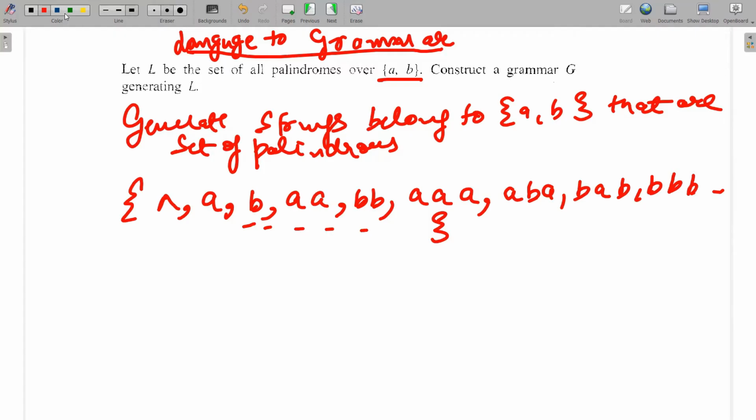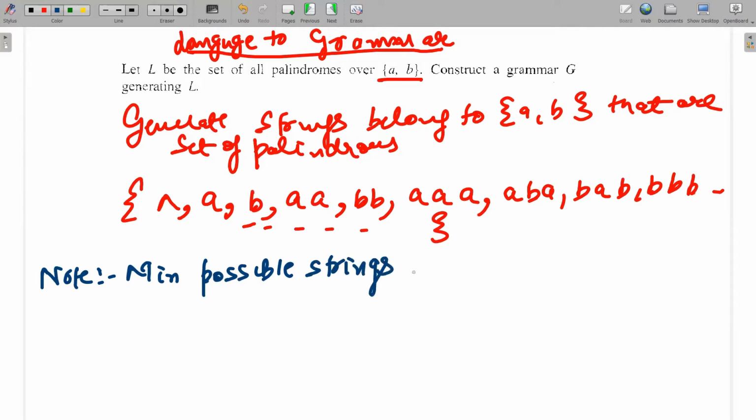As I told you, the minimum possible strings you can take in your note, they can be taken in the terminating rule.